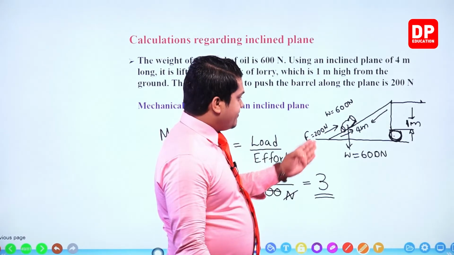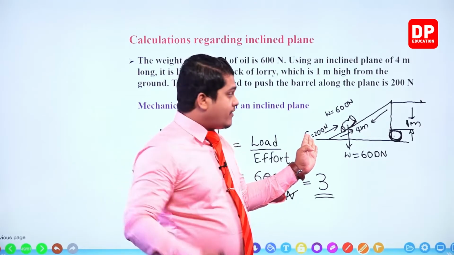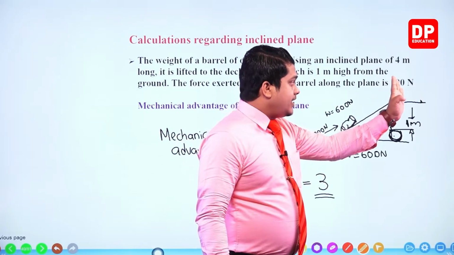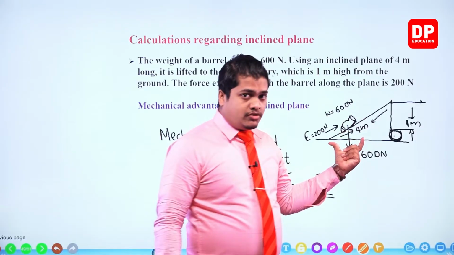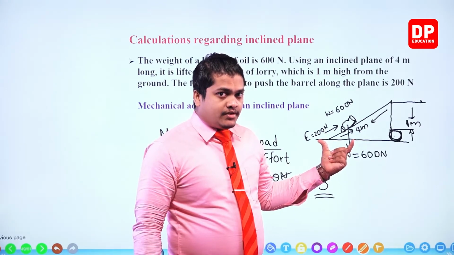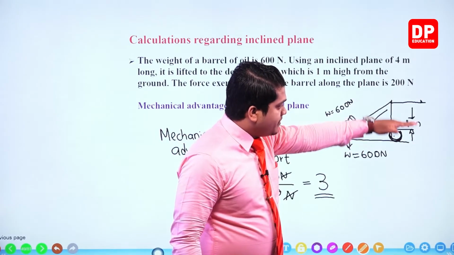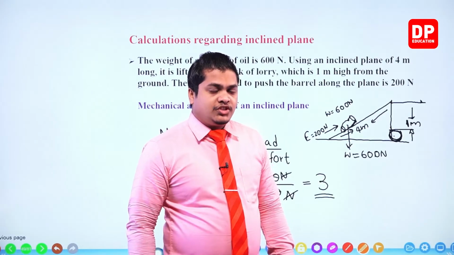The effort, the 200 Newton force, has traveled along the inclined plane upwards 4 meters. That's the distance traveled by the effort. The distance traveled by the load is just 1 meter.